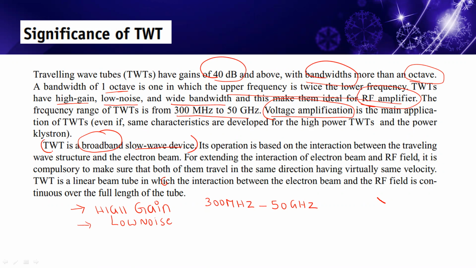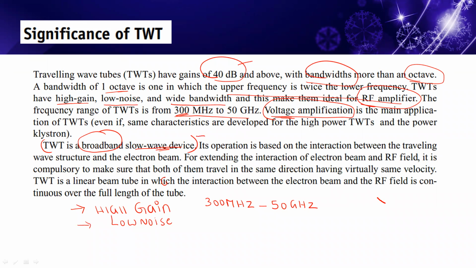See, watch in this slide, I mentioned all the significant parameters. Number one, gain. Number two, low noise. Number three, wider band, broadband. Number four, operating frequency. Number five, voltage amplification. Number six, slow wave device.